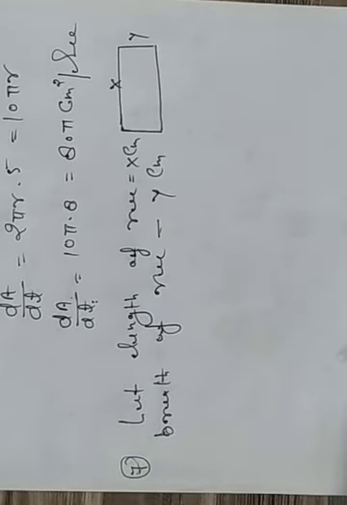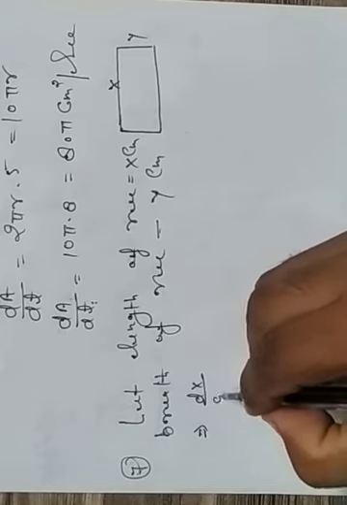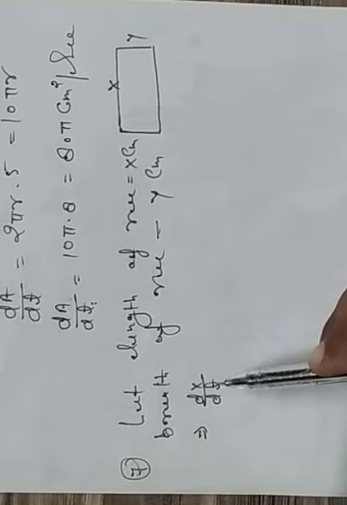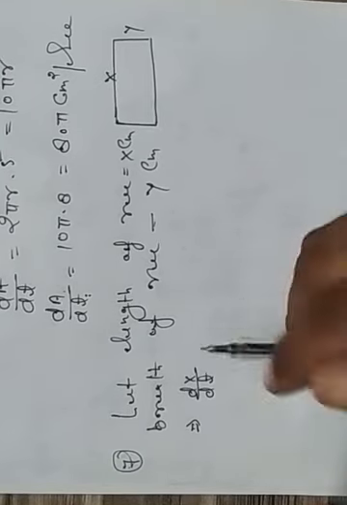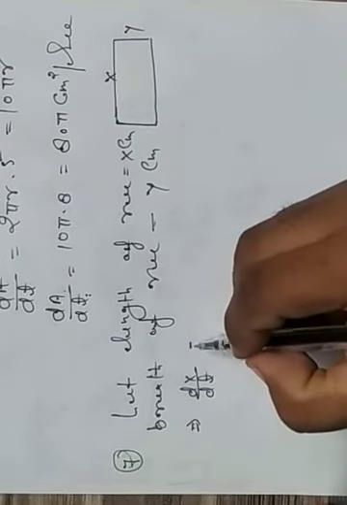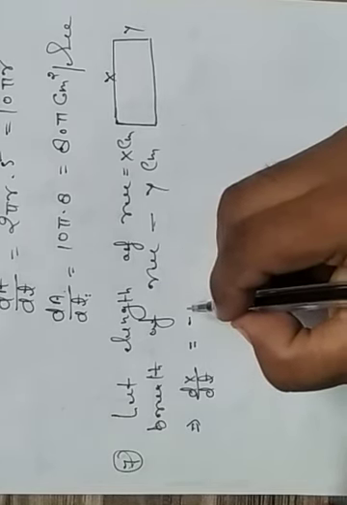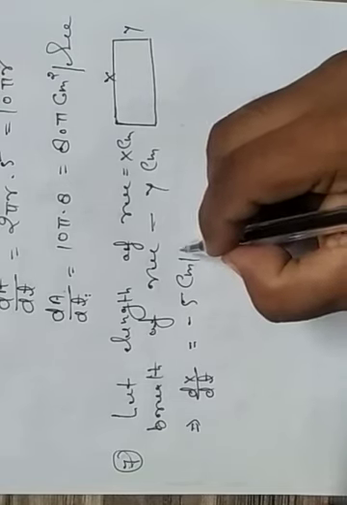According to the question, we can write dx upon dt, the rate of change of length of the rectangle. It is given that the length x is decreasing, and decreasing means write a minus sign, at the rate of 5 centimeter per minute.